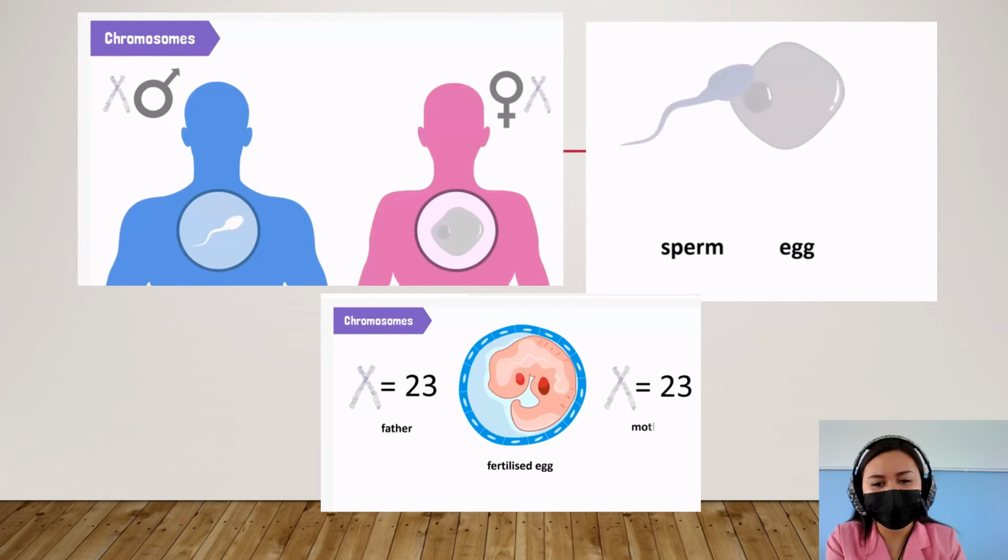From your father there are 23 chromosomes, and from the mother there are also 23 chromosomes. So when we add 23 plus 23, we have 46 chromosomes in our cell.